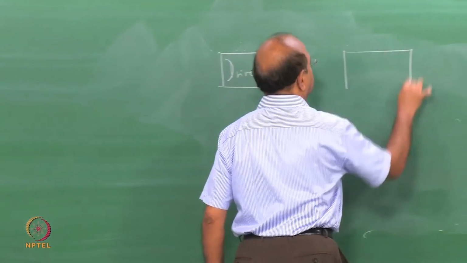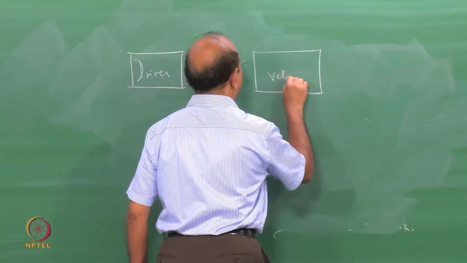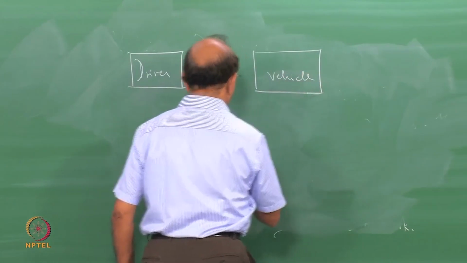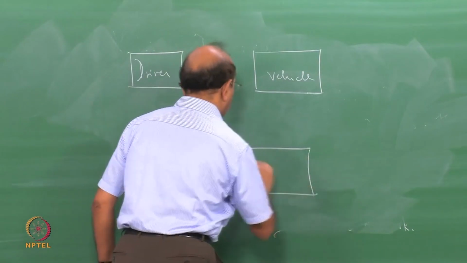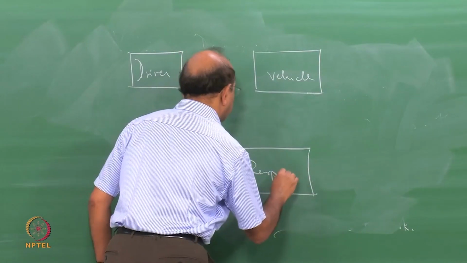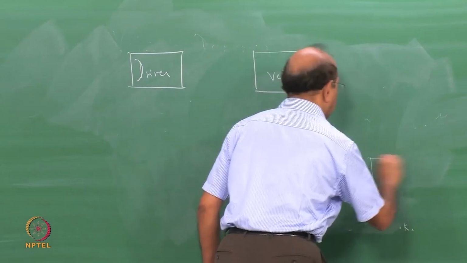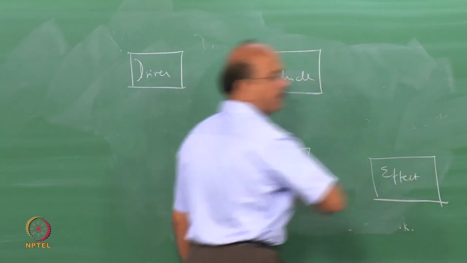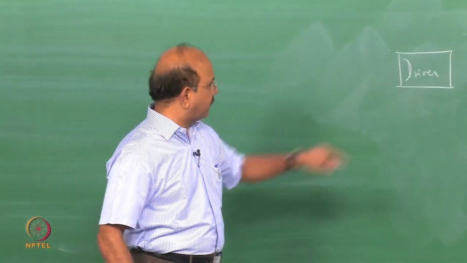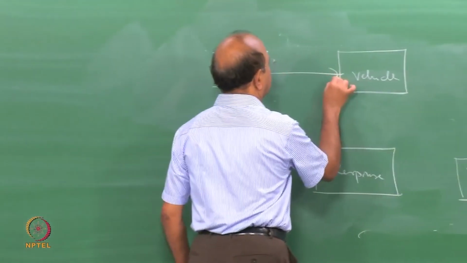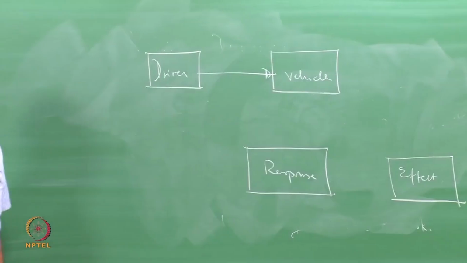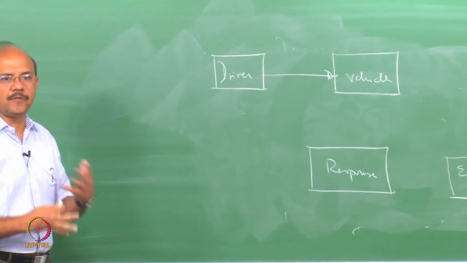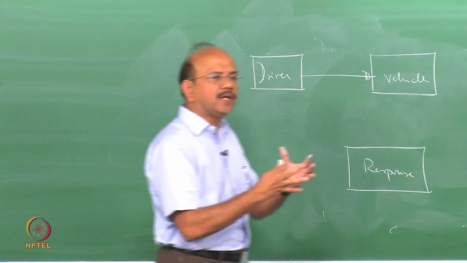A driver, a vehicle, a response, and an effect. So, the most important thing is that triangle. The driver interacts with the vehicle. Because of his interaction, say for example, what is meant by interaction?